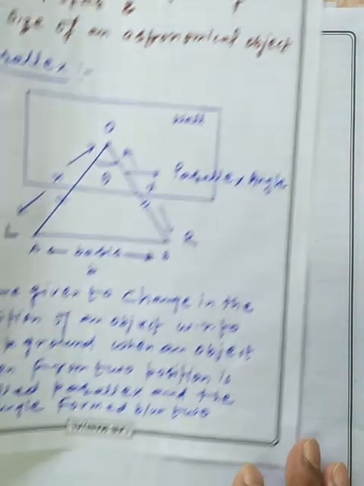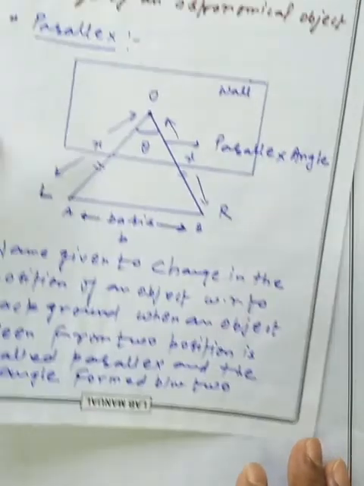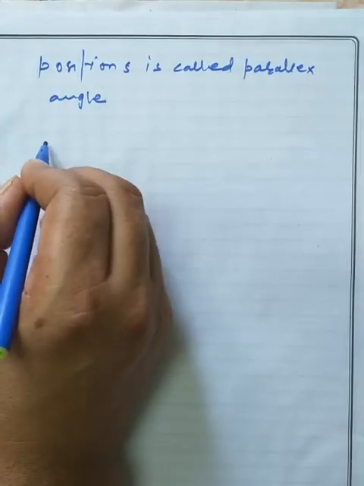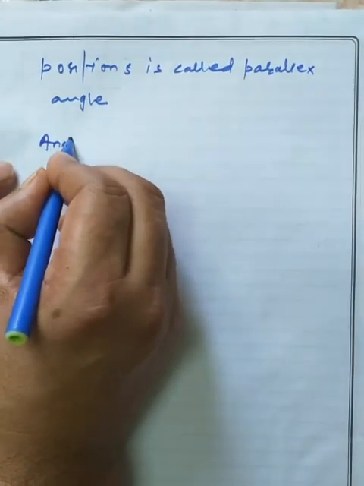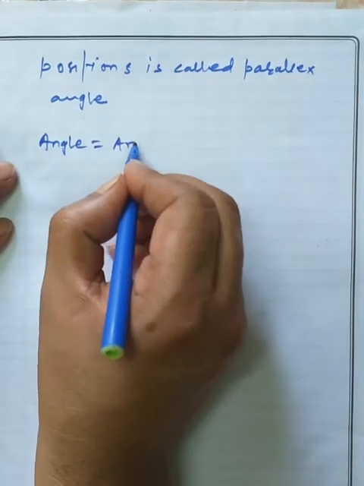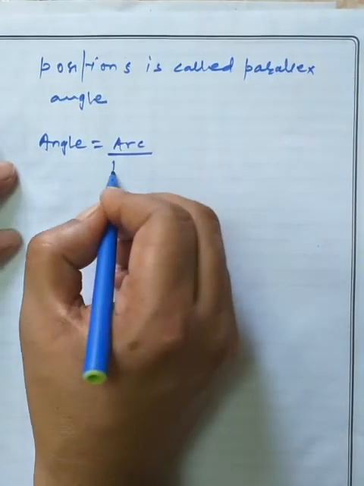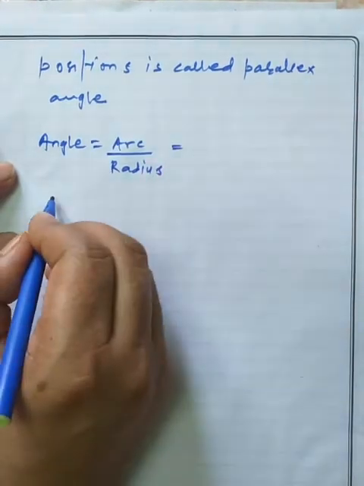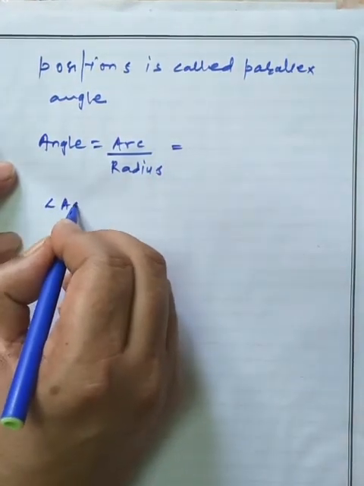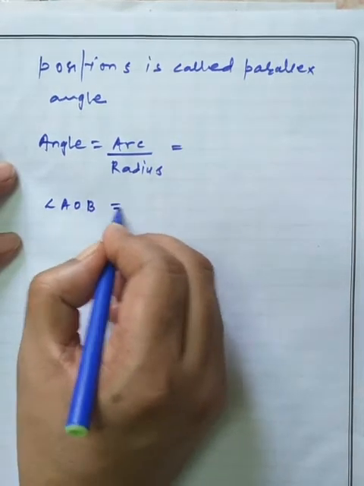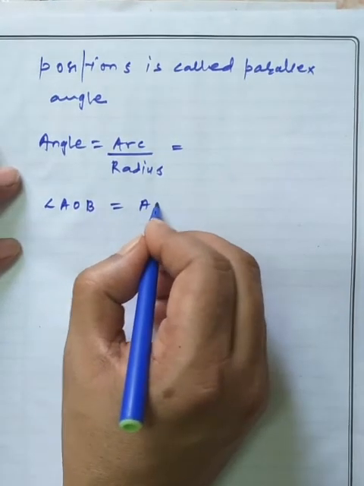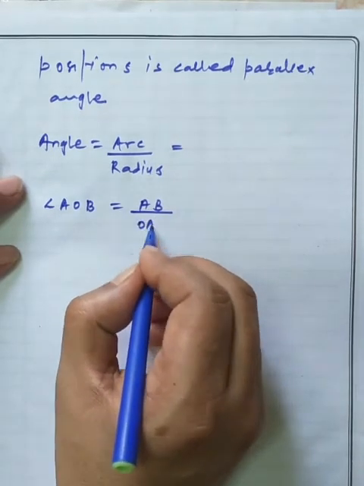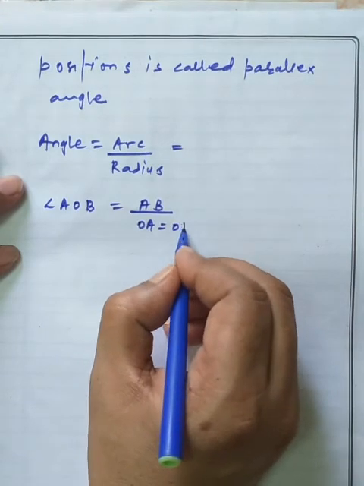I am using the meaning of this diagram. We know that angle is equal to arc upon radius. The representation of the angle is angle AOB from the diagram, where the arc is AB, and the radius is a distance, either OA or OB.